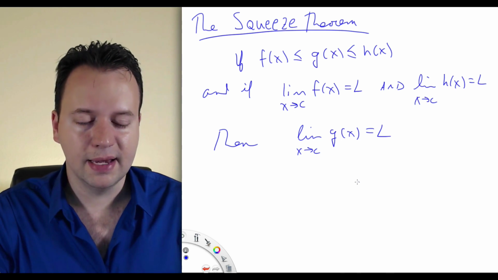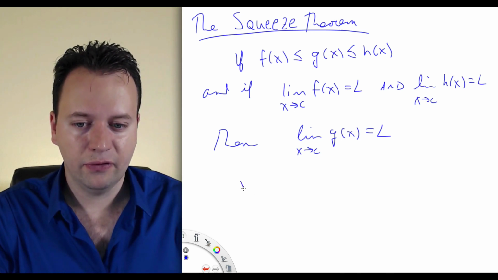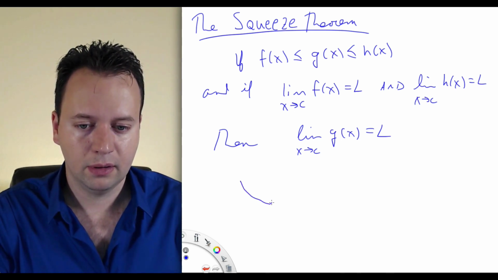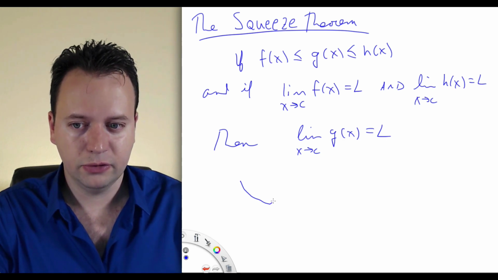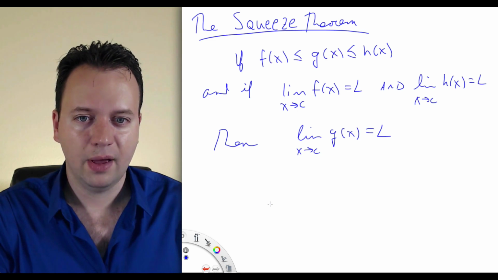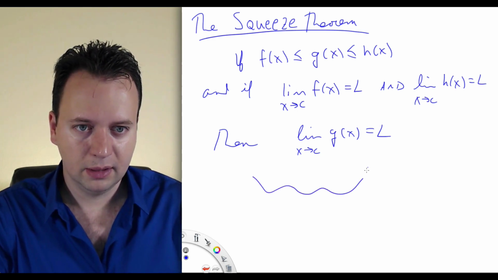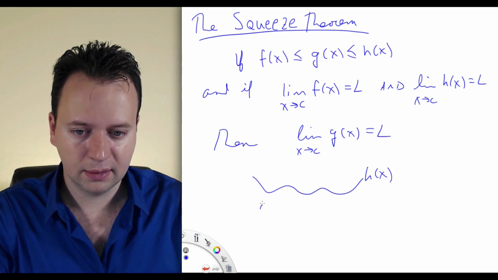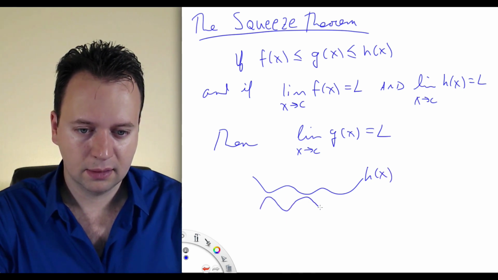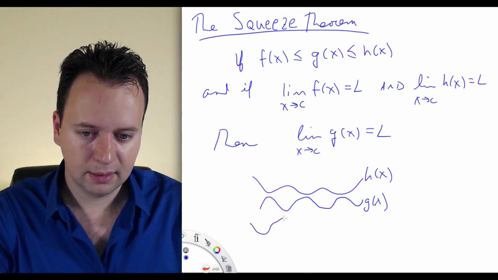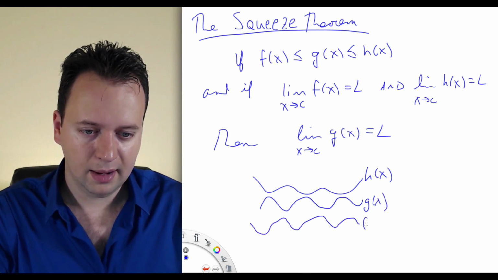Basically it says, well, I'll show you the picture in a second. But basically, there's h of x, g of x, and f of x.